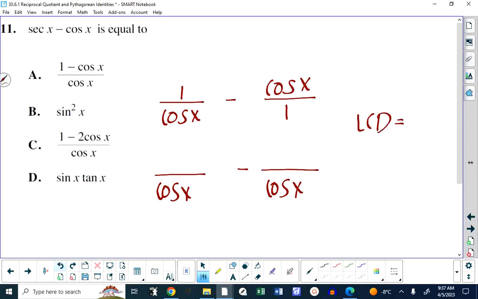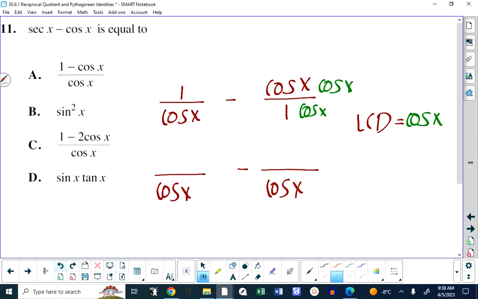The lowest common denominator, there's two ways to think of it, is simply the denominator that you're able to convert everything to. So if one of my fractions is over cos of x and the other is over 1, then I can multiply the top and the bottom of this other fraction by cos of x, and that demonstrates that that's my common denominator.